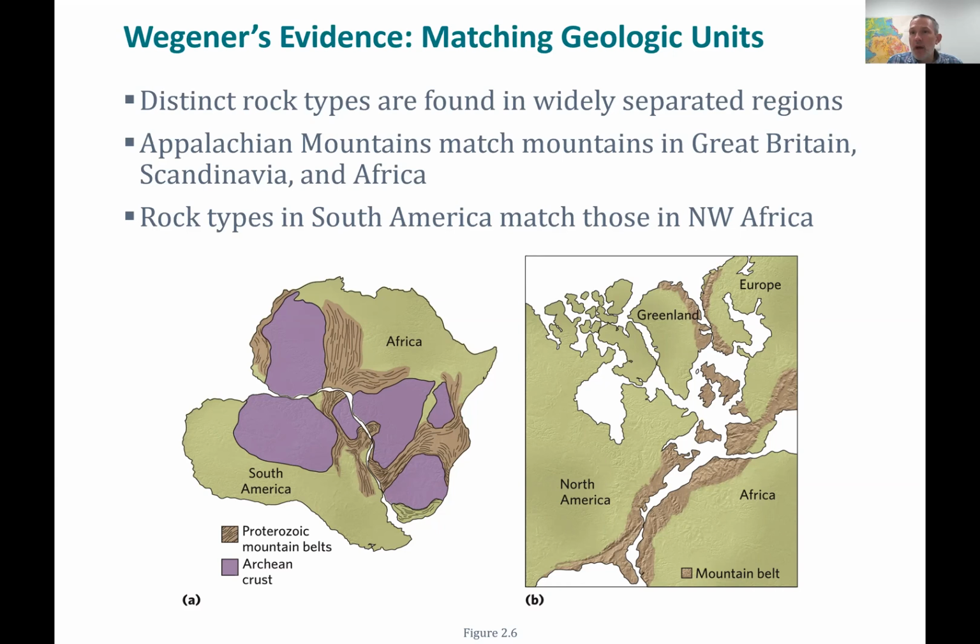We're going to learn in this chapter that mountain ranges like these are caused by continents getting smashed together. So we have evidence in this area that there were the same forces pushing together, causing those same mountain belts. They're really one mountain belt that's been pulled apart.